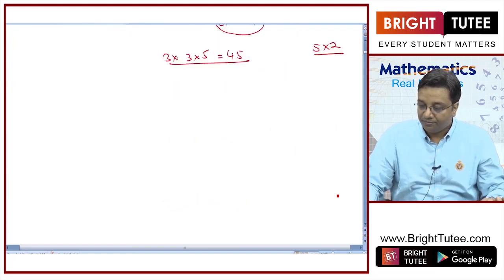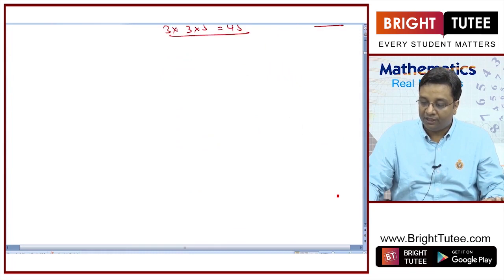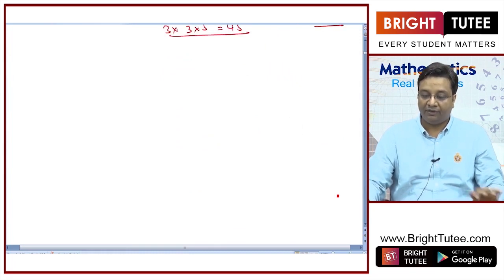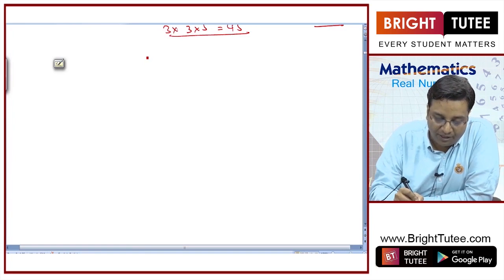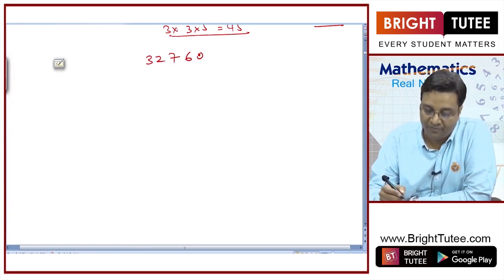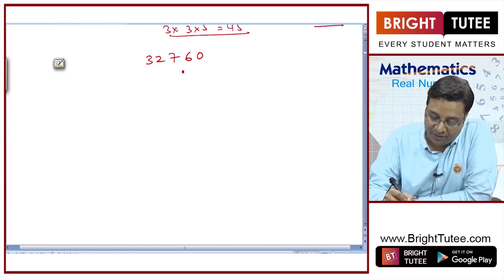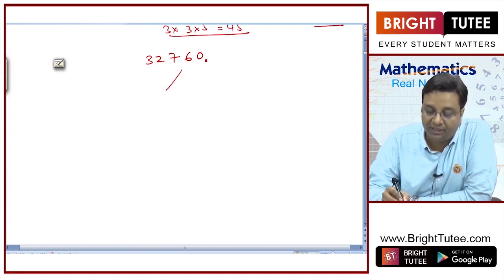Now we can always write a number in terms of a factor tree. For example, if I take a number 32760, right, and if I try to factorize it, first of all, this is an even number, so let me divide it by 2.